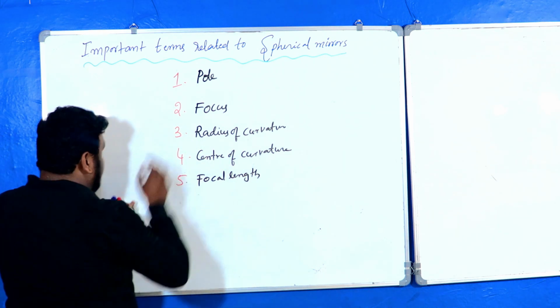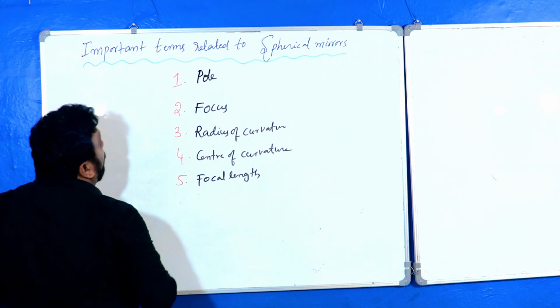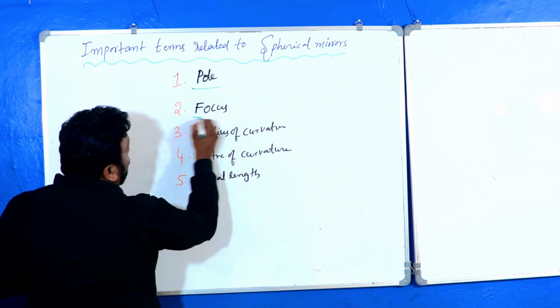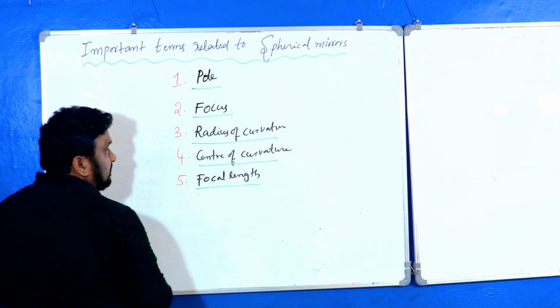So these are the main terms that we are going to use in this chapter: pole, focus, radius of curvature, center of curvature, and focal length.